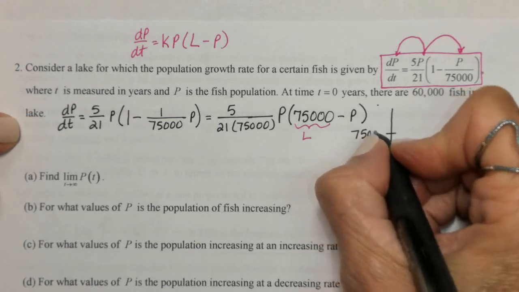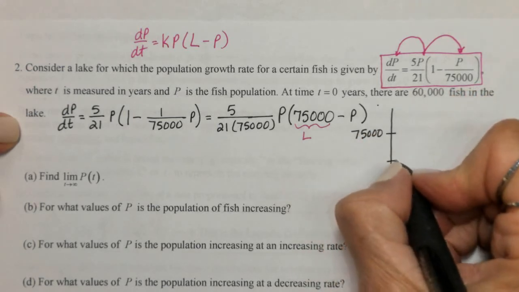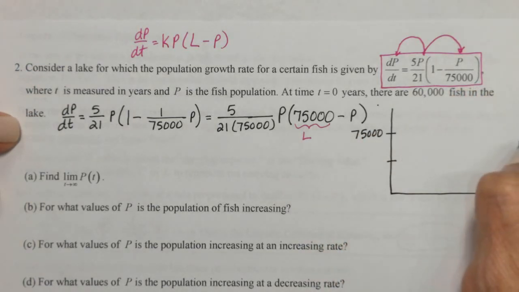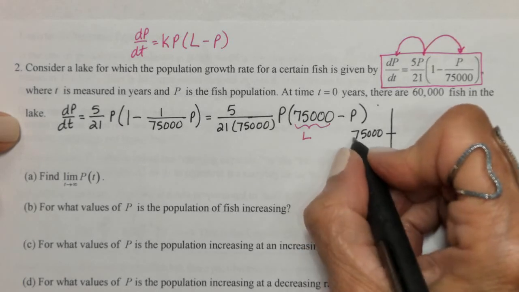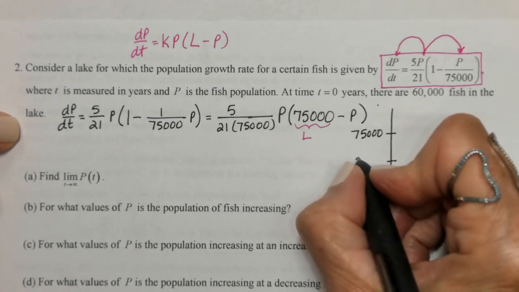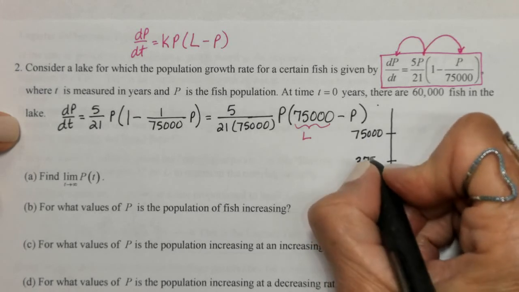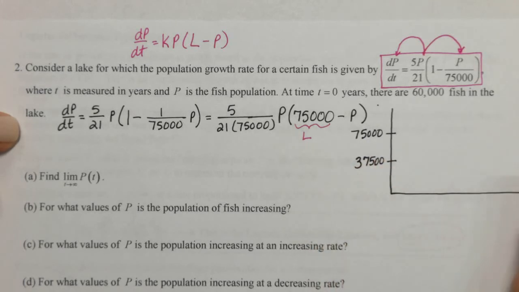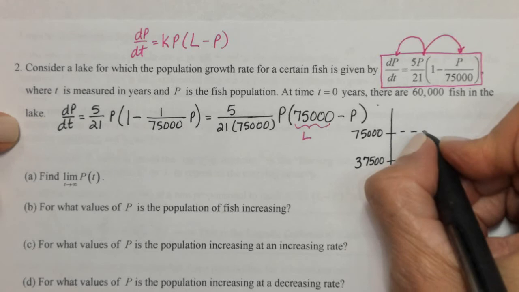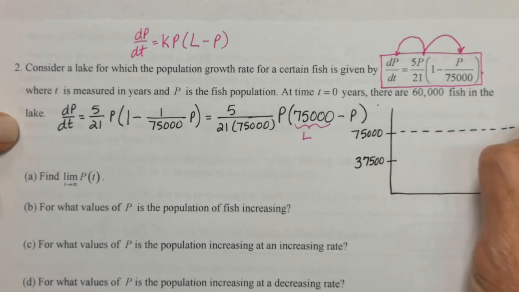We have 75,000, and half of 75,000. What's half of 75,000? If I divide that by 2, I'm going to get 3, carry the 1, so 7, one more, 37,500. And this is my horizontal asymptote every time in logistic.